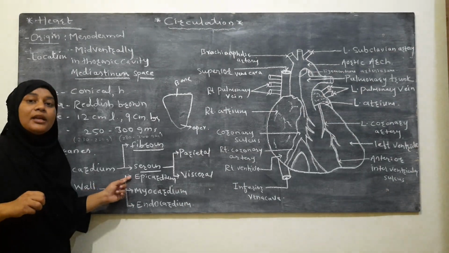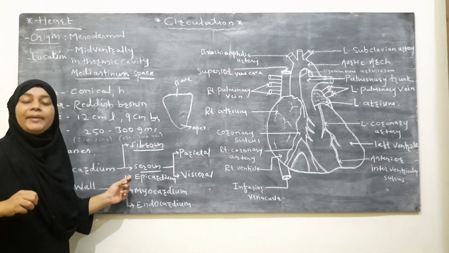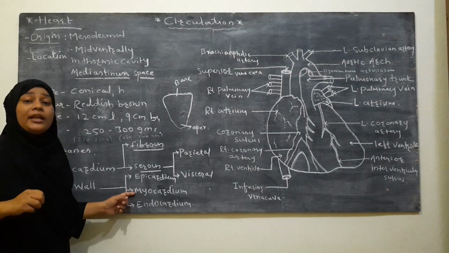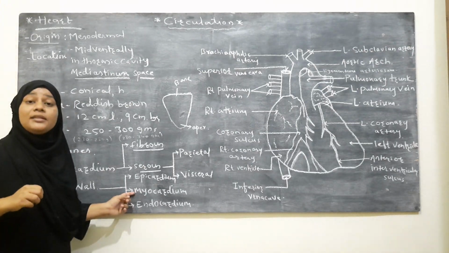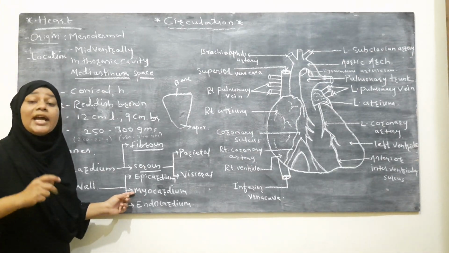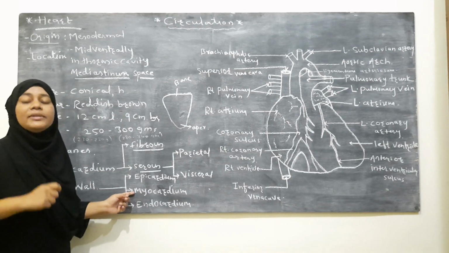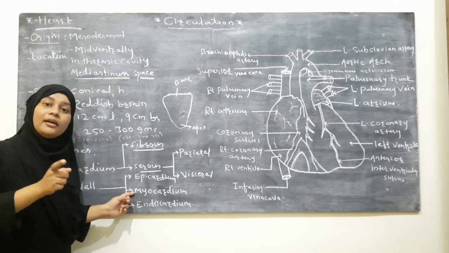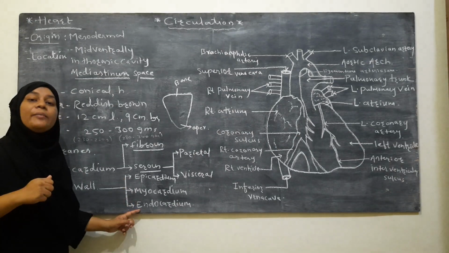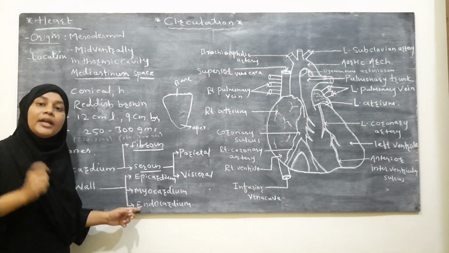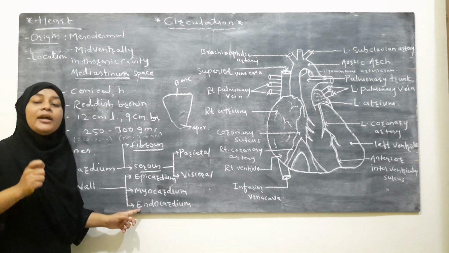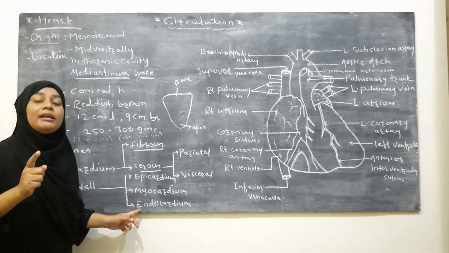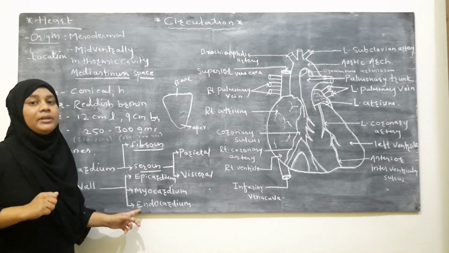The epicardium is made up of squamous epithelium, and the myocardium is made up of specialized cardiac muscles that maintain the rhythmicity of the heart and stimulate the heart to contract and relax. The innermost membrane is the endocardium, which is made up of a single layer of squamous epithelium.